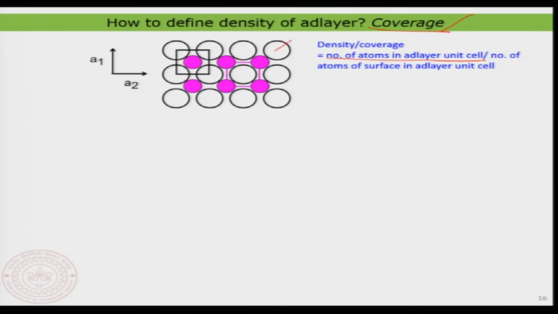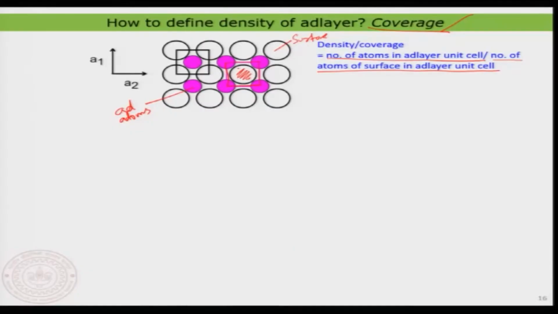Now, you see here, this is my surface and the magenta is my adatoms or Adlayer. You can see the unit cell of the Adlayer is this one, and how many atoms are present in that Adlayer? I have one atom in this cell, and then I have to calculate the number of atoms of the surface in the Adlayer unit cell. That means I have to check how many atoms from the surface are occupying the area of the Adlayer lattice.